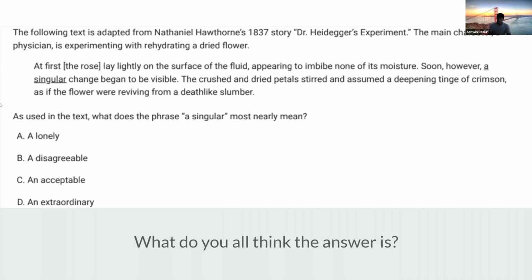So, that's why vocabulary is critical for craft structure. It's quite useful. And let's look at it. So soon, however, a singular change began to be visible. So the thing is, this phrase is quite small.